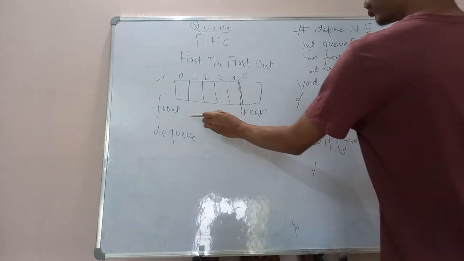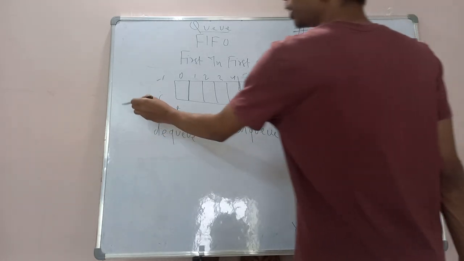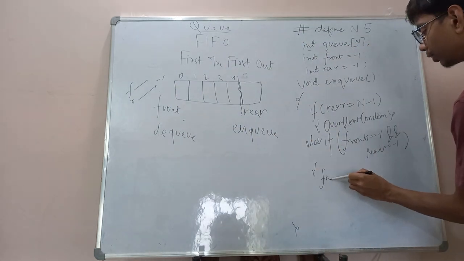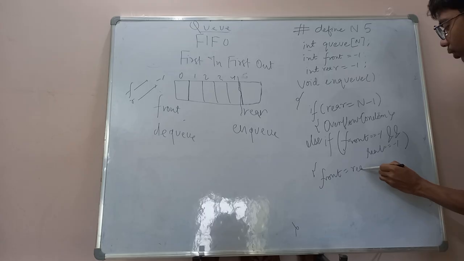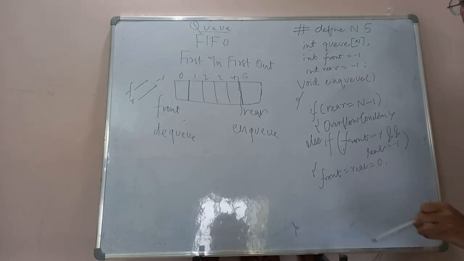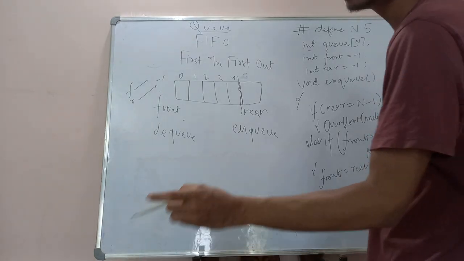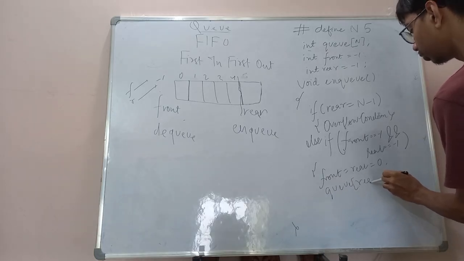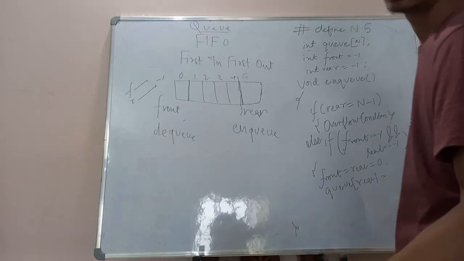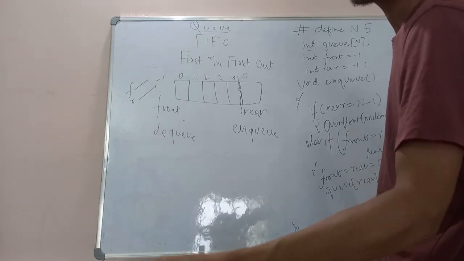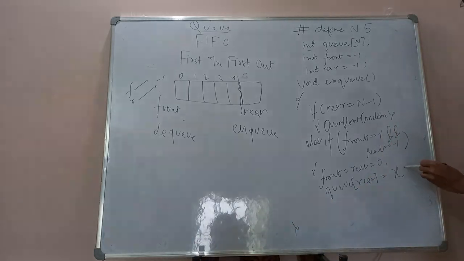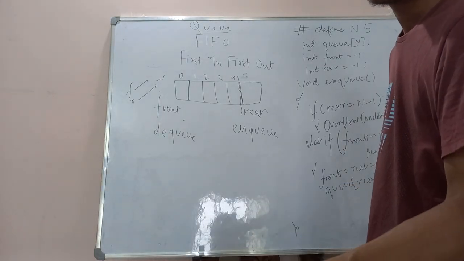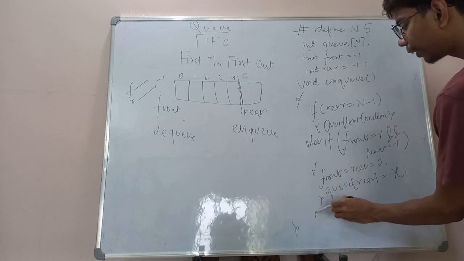Suppose initially my front and rear are -1, then I will make my front equal to rear equal to 0, and then I will fill my first element, that would be queue[rear] equals x, the variable that I will take. Then I will close it and go to the else part.